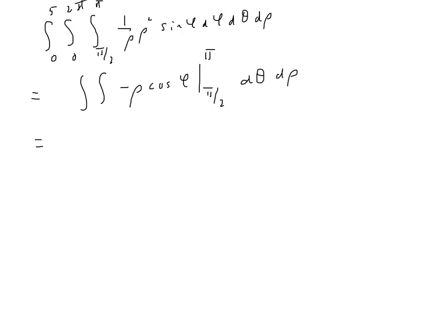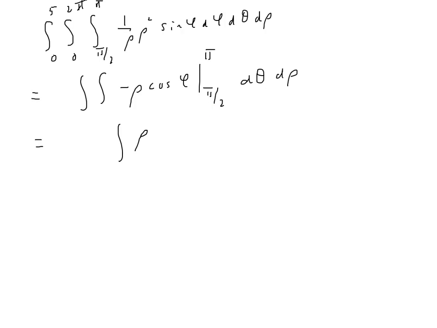Cosine of pi is minus 1, and cosine of pi over 2 is 0. So on the inside, the minus 1 and minus rho gives me rho, minus the lower limit of integration, which is 0. It's pretty nice. We just get a rho.